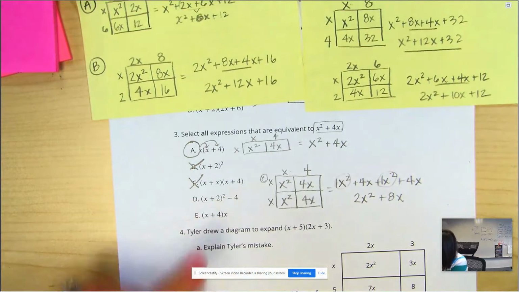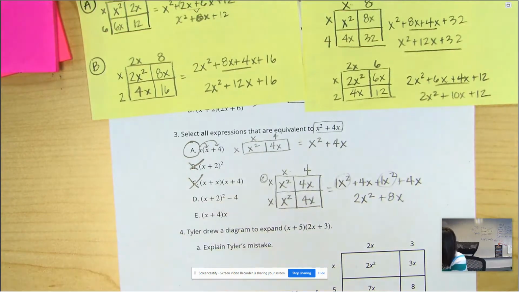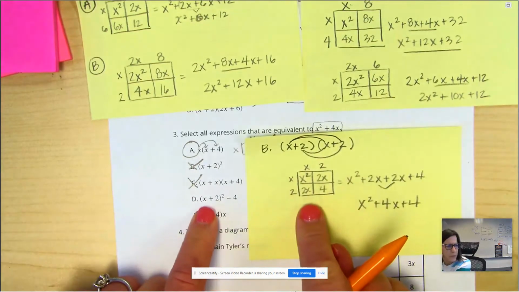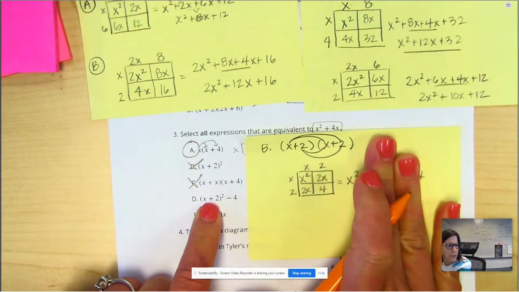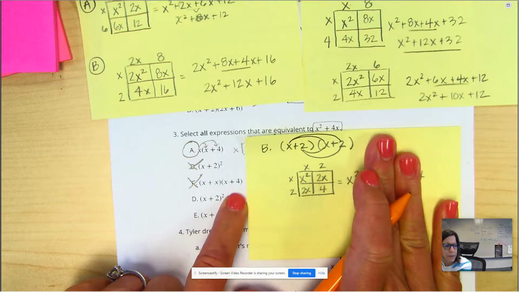Okay, this one looks like fun. We already did the x plus 2 squared. So for letter D, we've already done this portion, x plus 2 squared. And it's just asking us, see how the minus 4 is out here all by itself? It means complete this and then subtract a 4 off the end.